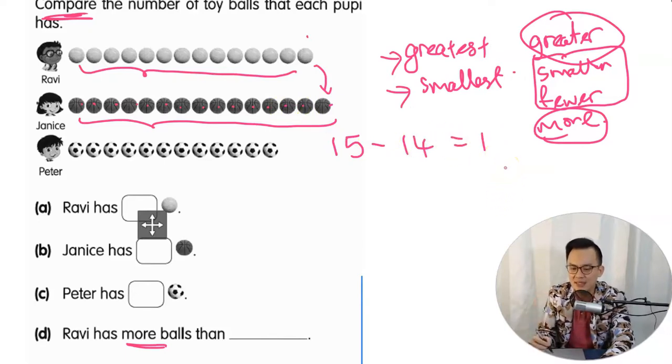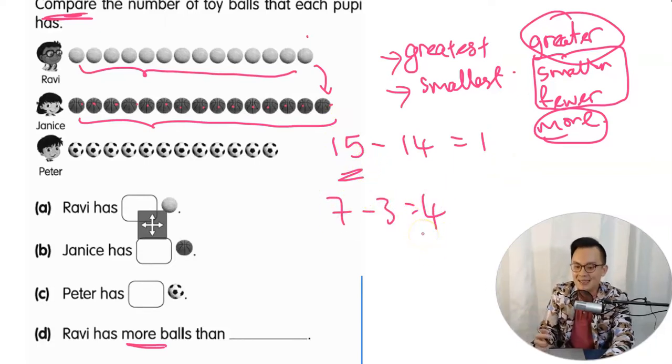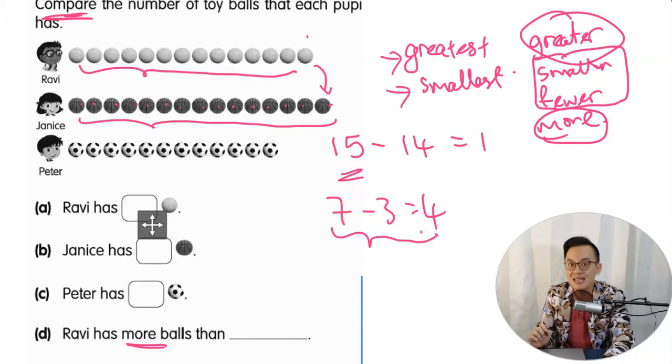If it's at the beginning of the year, they don't need such big numbers. You can do 7 minus away 3 equals 4. But they still need to know that if I ask how many more Janice has, they need to convert how many more into a mathematical equation or statement like that. And you need to drill them to do this well.